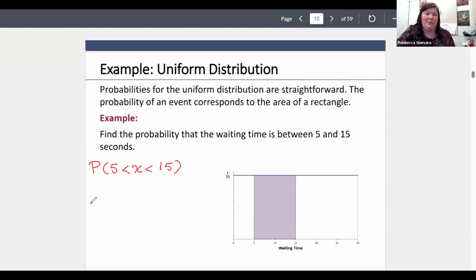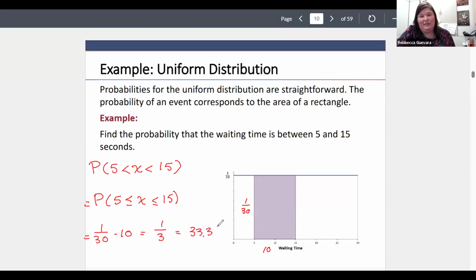And as a reminder, this probability is the same as this probability, so even if I put an inequality in there, it equals the same. So this area has a height of 1 over 30 and a width from 5 to 15, a width of 10. So 1/30 times 10, we already saw this earlier, that's going to be 1/3, or 33.3% again.